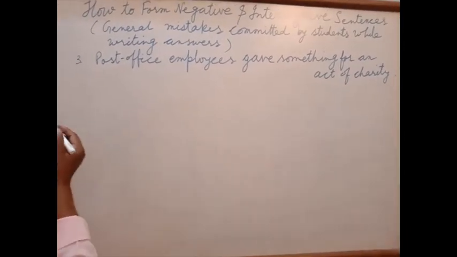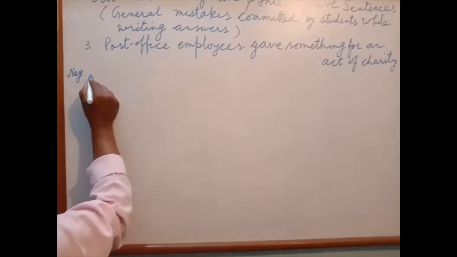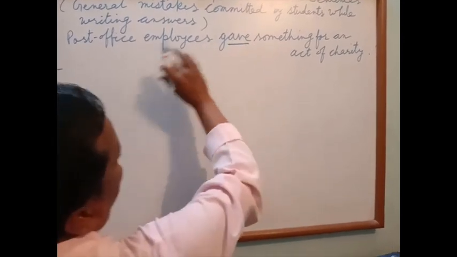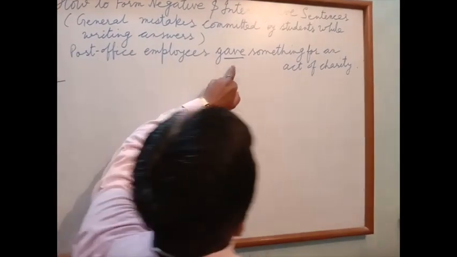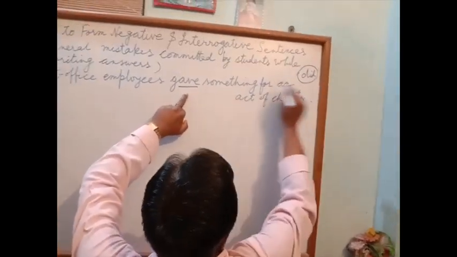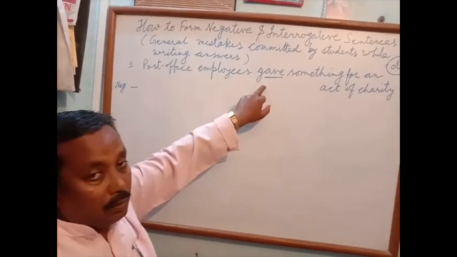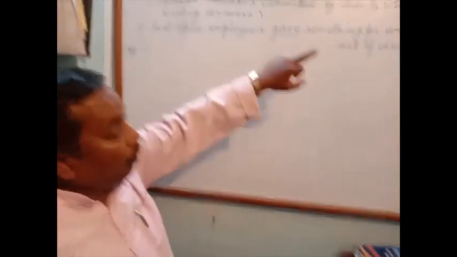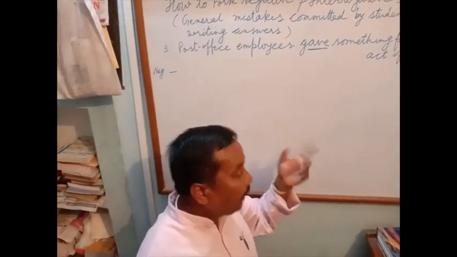Now we have to change it into a negative sentence. Here we find the use of V2. That's why this is the simple past tense. V2 means the did form is hidden. If give, then do. If gives, then does. Gave, then did. And without the use of a helping verb, we can't make it negative.